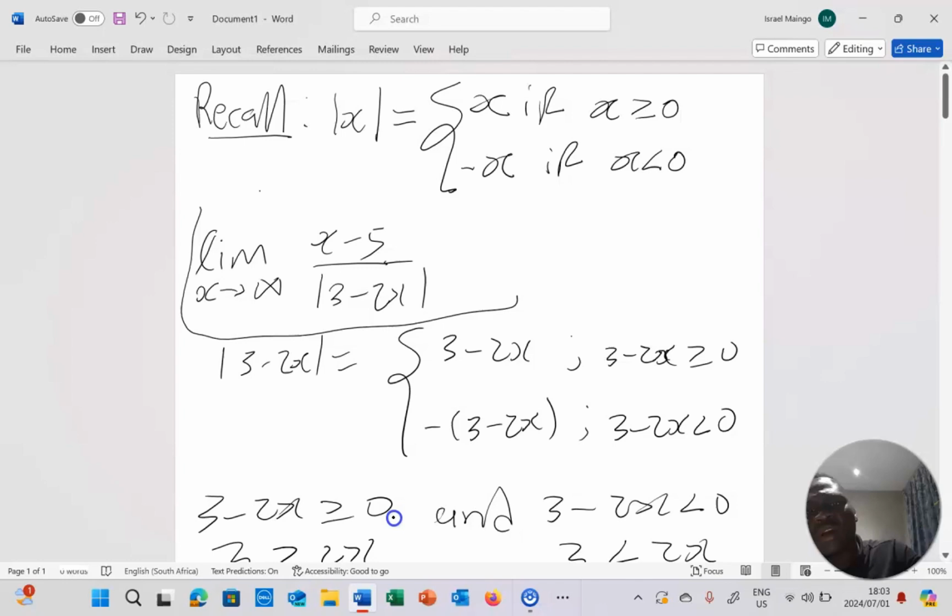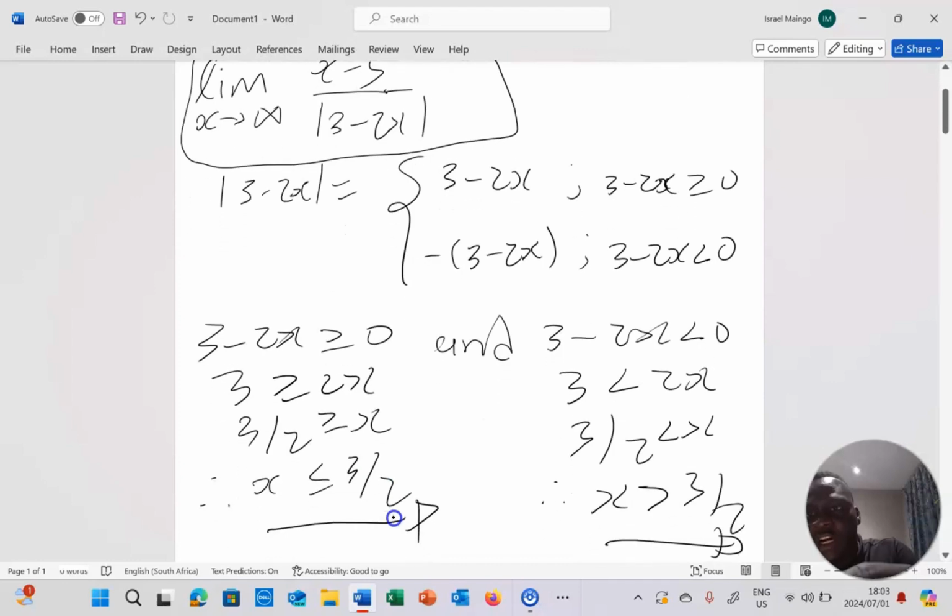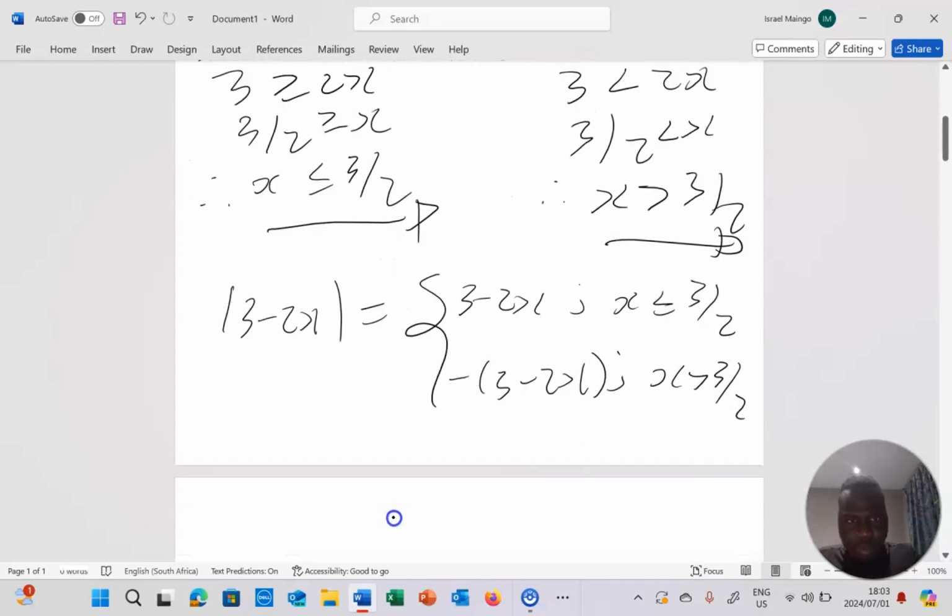But what are we looking for? We're looking for the limit as x approaches positive infinity. It means that x tends to bigger positive numbers. So that means the absolute value of 3 minus 2x will be negative (3 minus 2x) in this particular problem, because x is approaching positive numbers, and here x is greater than 3 over 2.